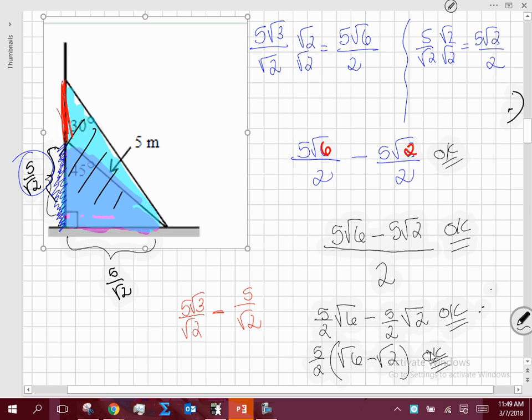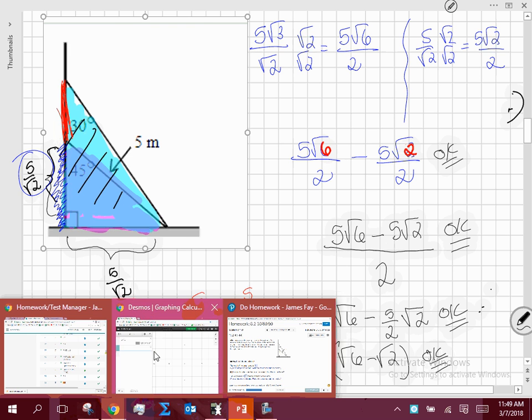And what I need you to understand in that class is, well, that last version, if you distribute 5 halves through it, gives you the one above it. If you use your rules of adding and subtracting fractions, it gives you the one above that, right? Does that make sense? Okay. So feedback, or the way I read something in a textbook, if I understand the various ways it can be written, I'm not going to get confused when one author changes their format over another.